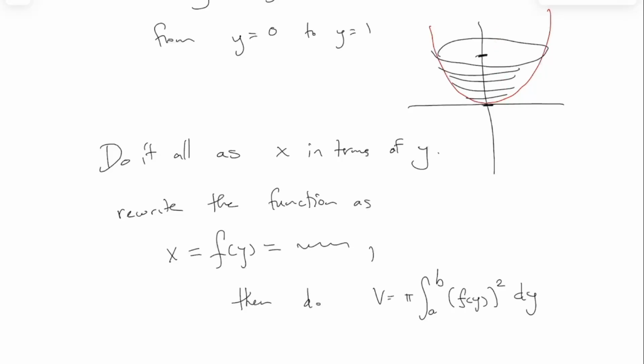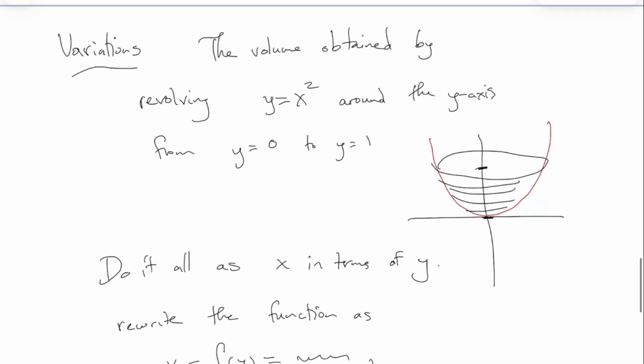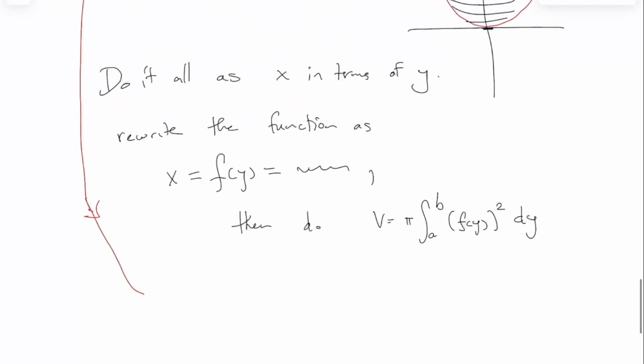In this particular example, it's not so hard. The original function was y in terms of x, but we need to do it the other way around, so you need to solve for x. It said y equals x squared. I want to transform this into x equals, what would it be?